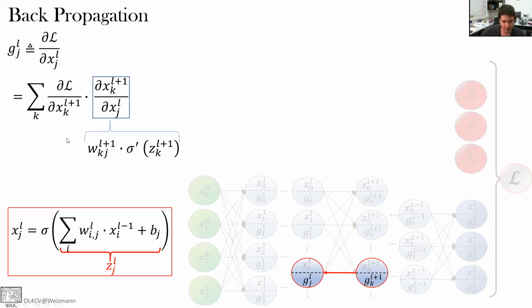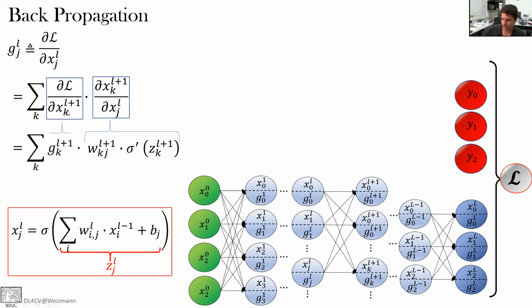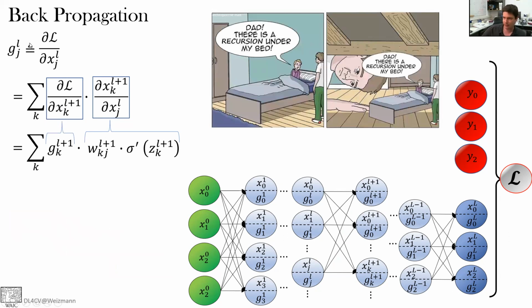And the second question I'm about to ask you is, what do you see here? G_k of L plus 1. Exactly. So what we have now is we just went back to the same expression that we had, just with a different index, right?